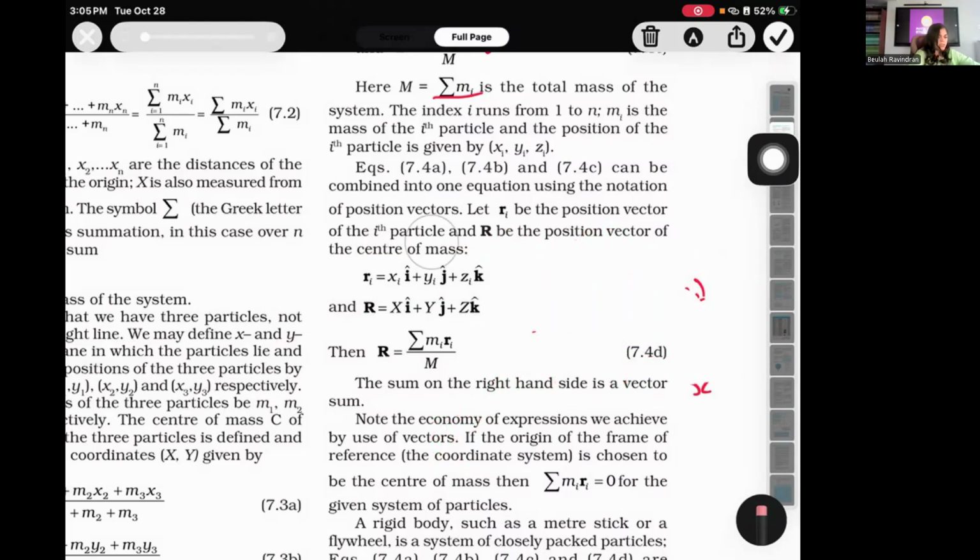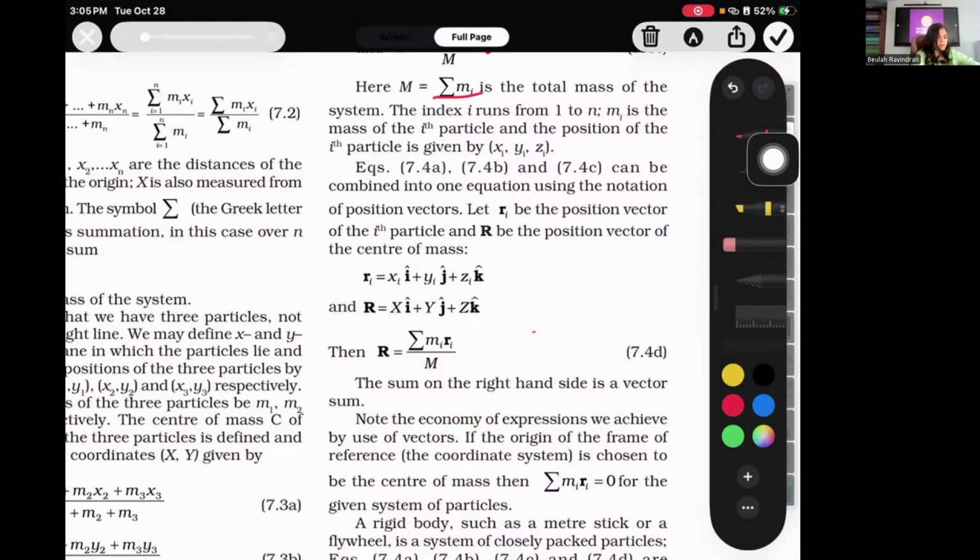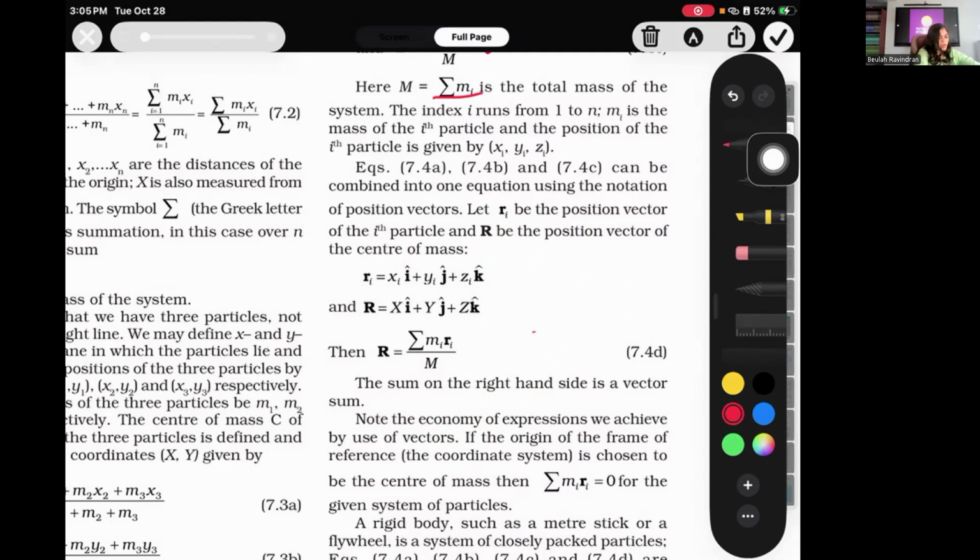Then we'll move on to this. So if you put i equal to 1, it will be x1 i cap plus y1 j cap plus z1 k cap. So what is R2 here? So x2 i cap plus y2 j cap plus z2 k cap.